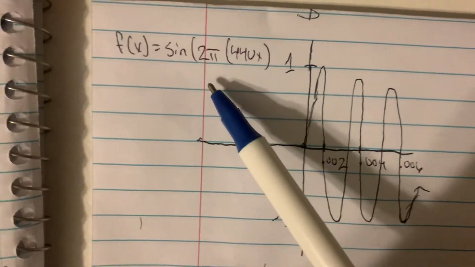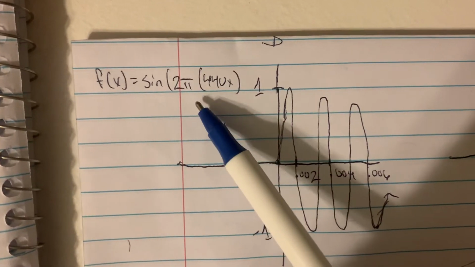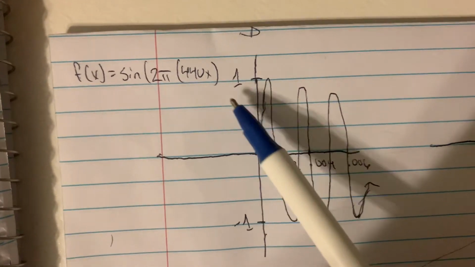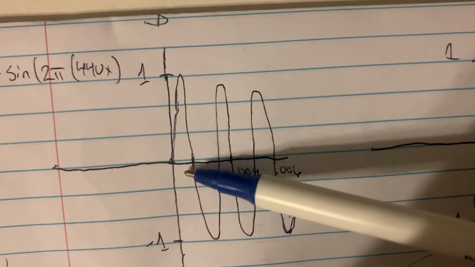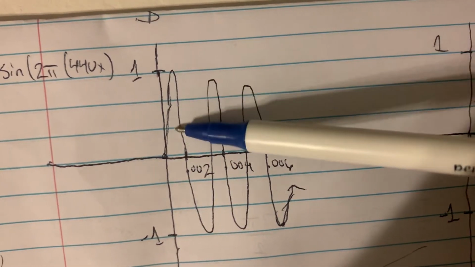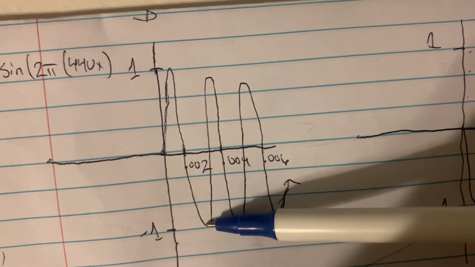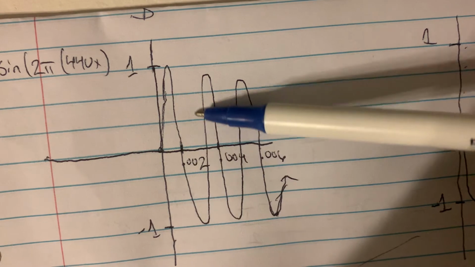Okay, so if we take this trig function here, sine 2 pi times 440x, and we measure it here. We go up to 1 and it goes down to 0.002, it goes down to -1, it goes up.